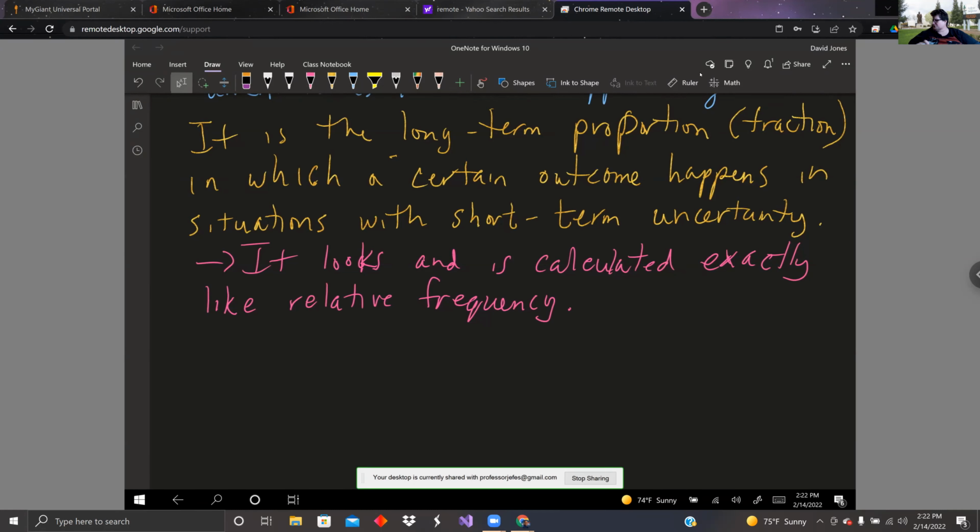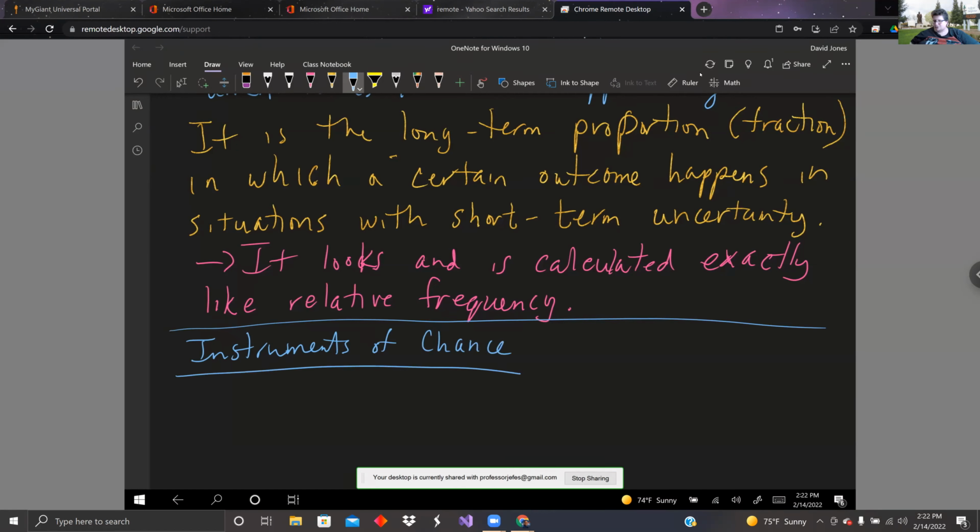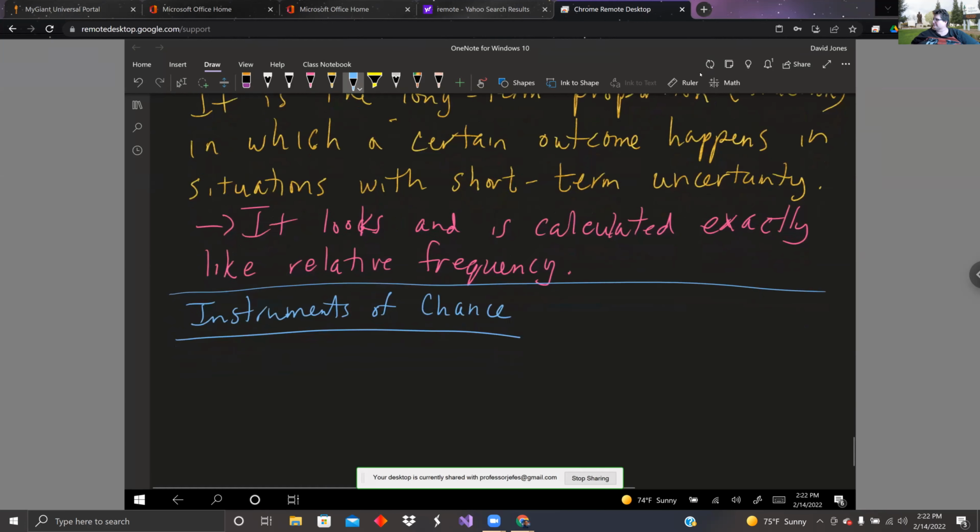So, common instruments we use to reflect this, traditional instruments, the instruments of chance. What do you see when you go into a casino?